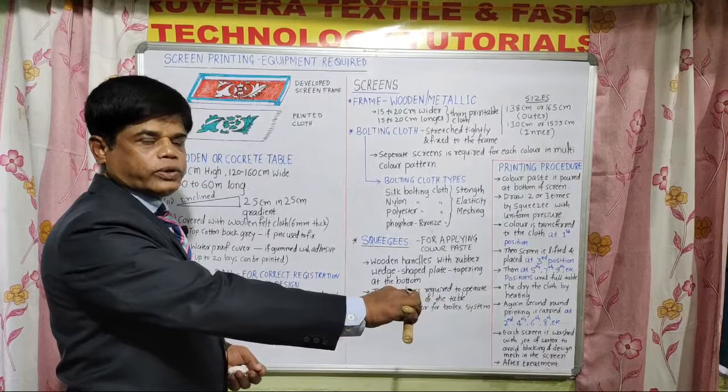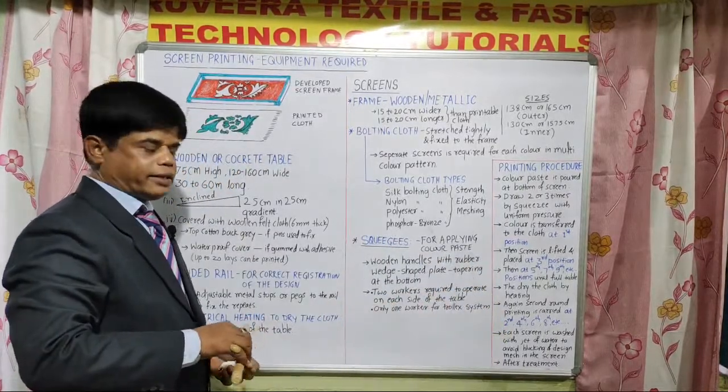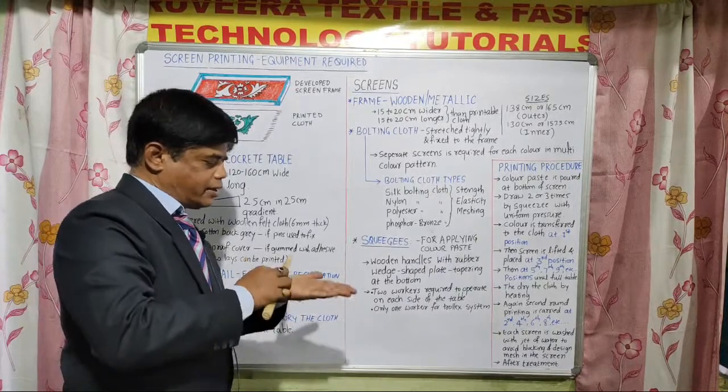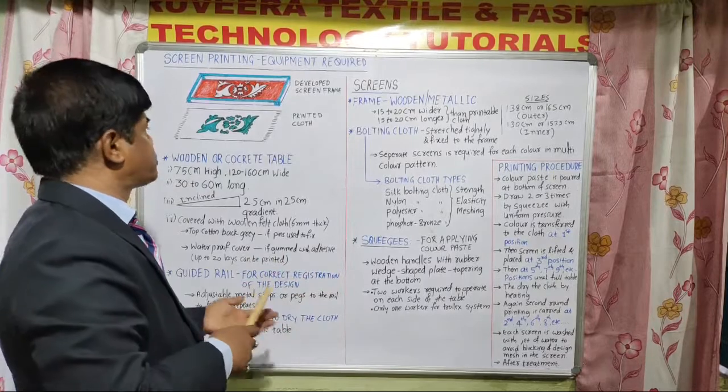That is called one stroke. Then for the second stroke, the color is taken this side. This is done by means of the squeegee.